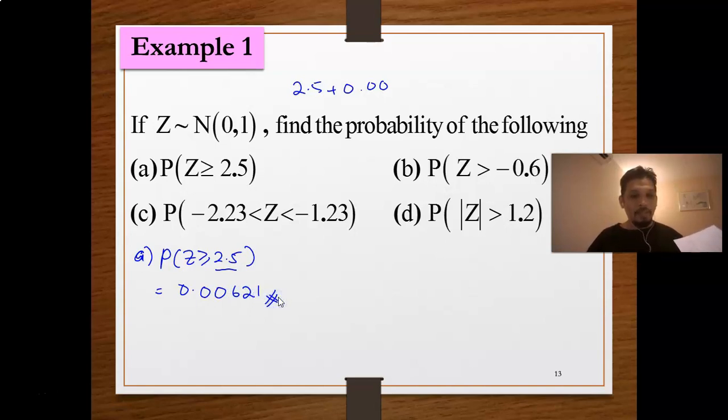Then the next one, for B, the probability of Z greater than negative 0.6. For this one here, let's say this is the bell-shaped graph.